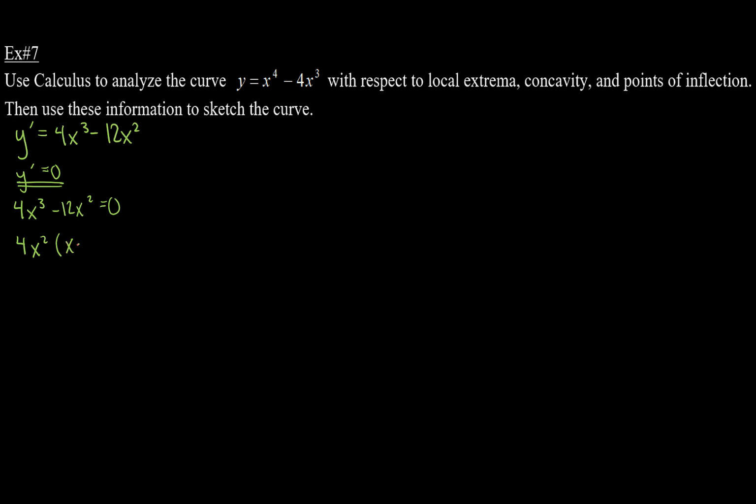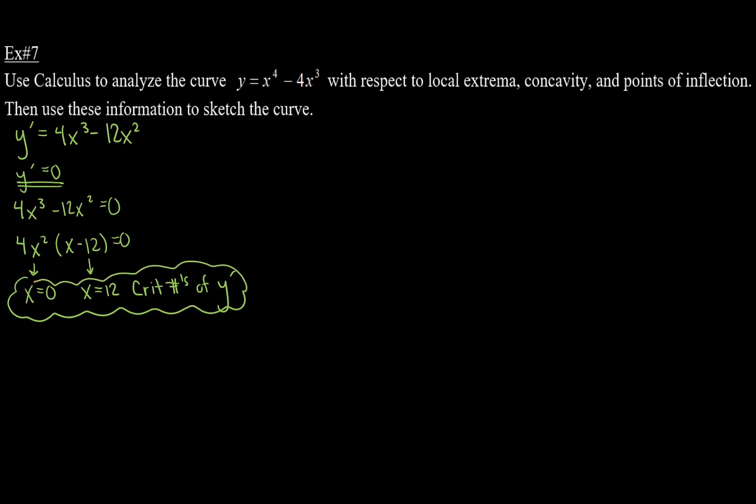I'm going to end up with x minus 12. And then x equals 0 and x equals 12 are going to be my critical numbers of y prime. So I'm just going to kind of circle that.